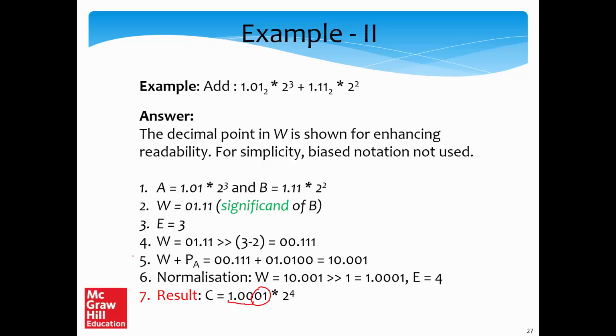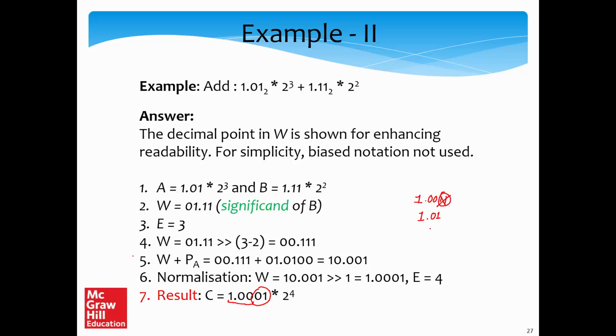If it's 0, 1, maybe we can discard, but assume that the final result was of the form 1.0011. It might have been inappropriate to discard 1, 1 without making a change in the 0, 0. So it would have been more appropriate to round it to 1.01.